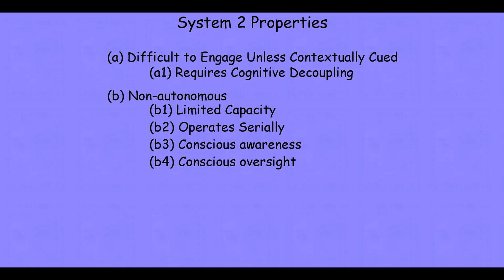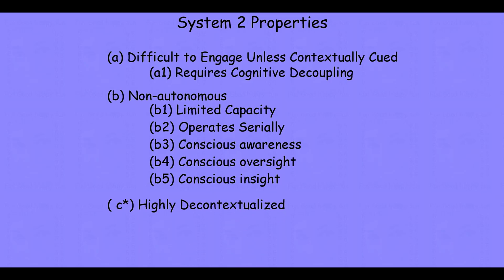And then in executing that strategy, we consciously monitor the process and make sure that it's executed in the way it's supposed to be executed. Now, the benefit of that is that we have a reasonably good conscious insight into how we solve the problem and the sorts of information that was important in our problem solution.